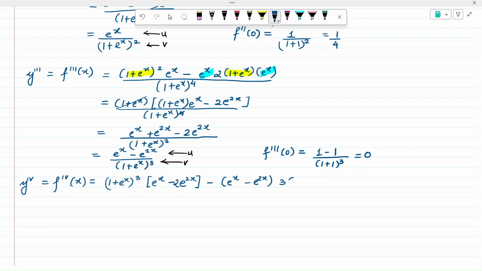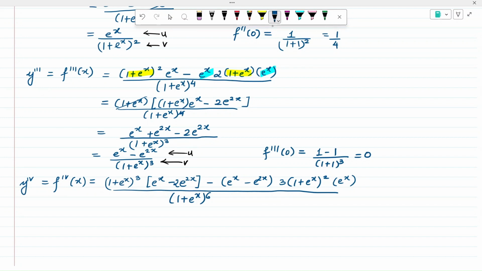Derivative of the denominator is 3 times 1 plus e raised to x the whole square and chain rule e raised to x will come in. Now we have 1 plus e raised to x, the whole raised to 6. We'll not simplify this because we want up to the fourth power. We just want at the fourth derivative, what is the value?